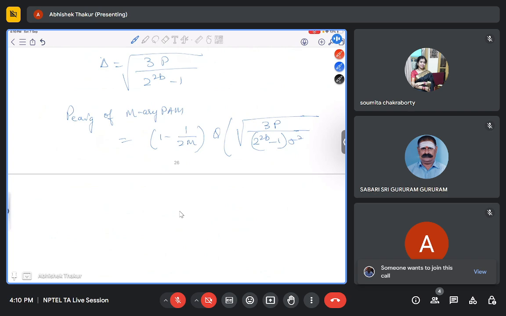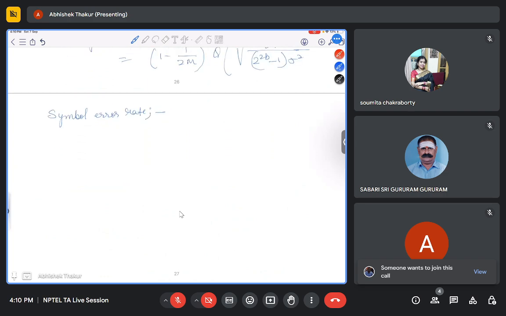Now coming to the symbol error rate. Again we will find the symbol error rate of M-QAM.